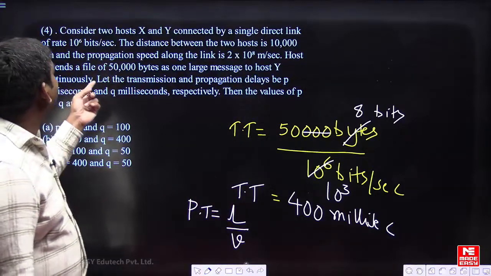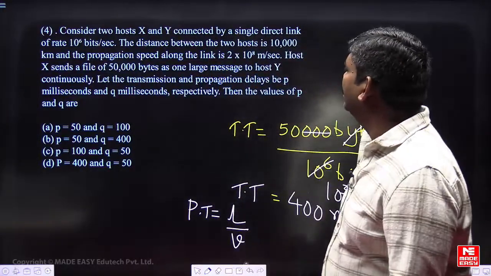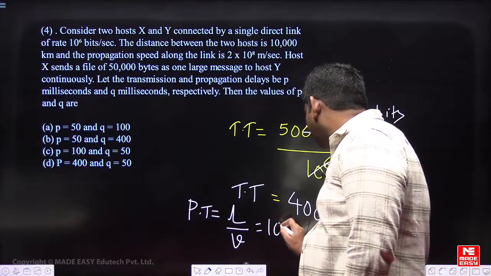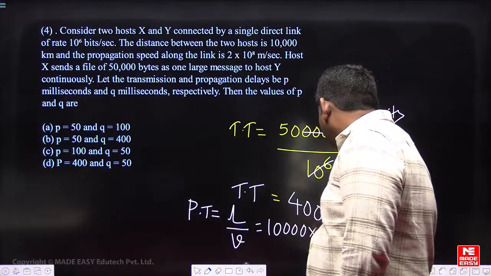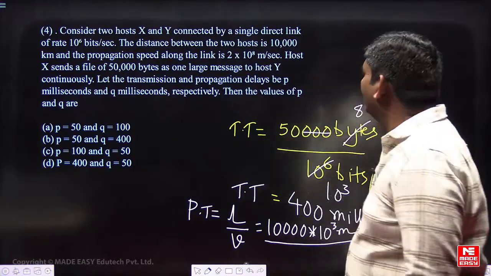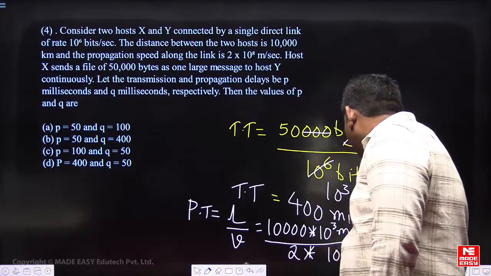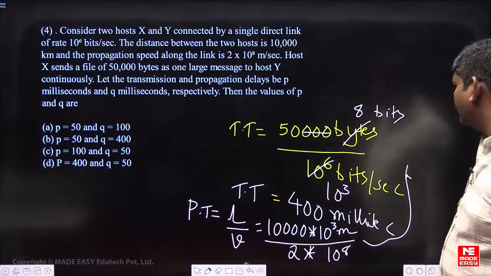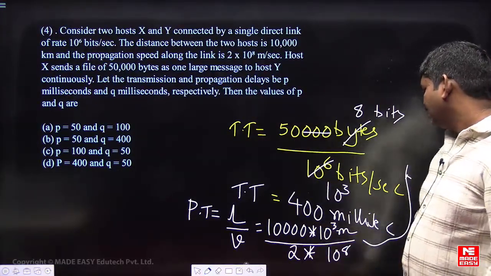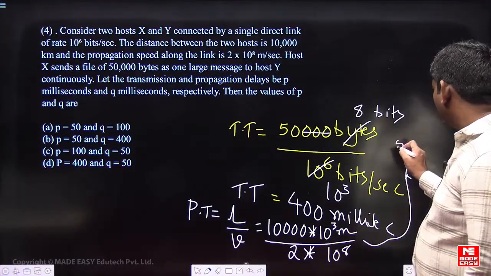The length in this problem is given as 10,000 kilometers, so 10,000 kilometers means into 10 power 3, upon the velocity, which is 2 into 10 power 8. If you do these calculations, 10 power 3 will be cancelled.